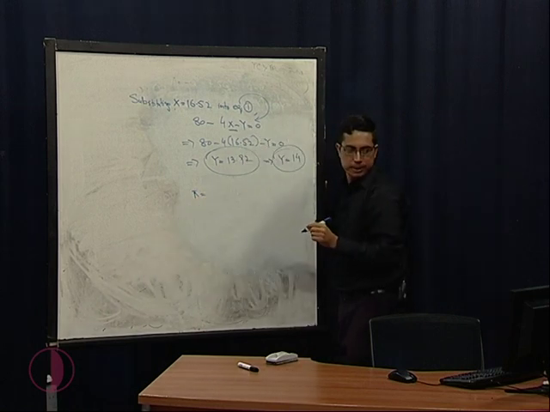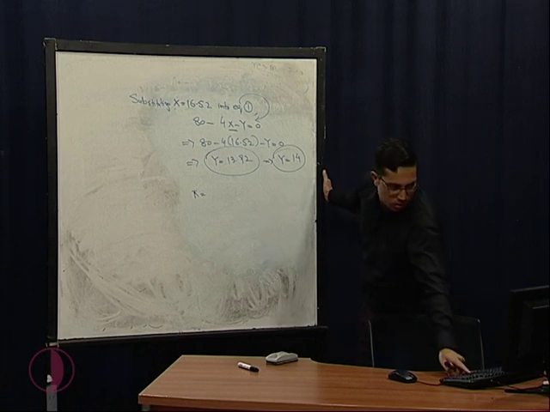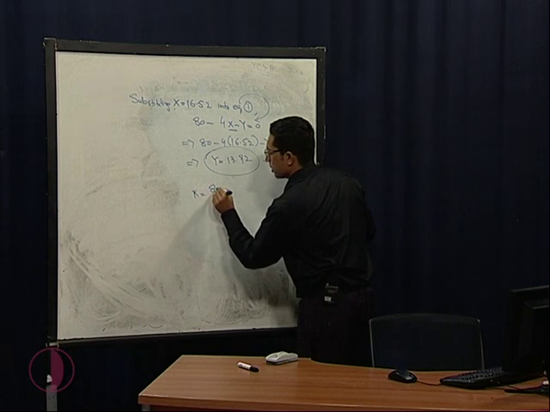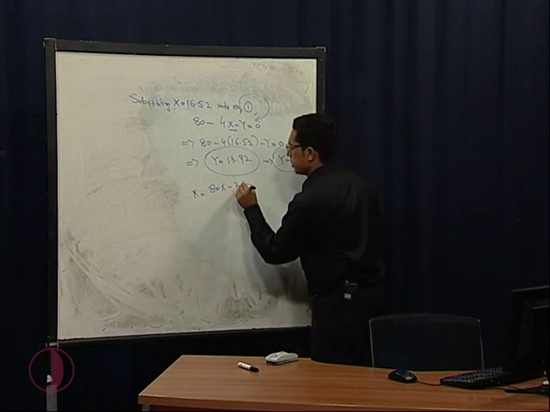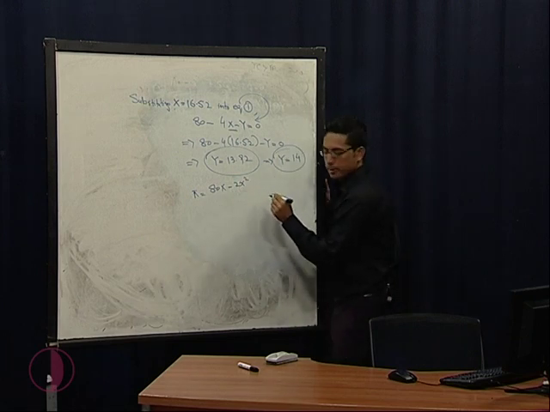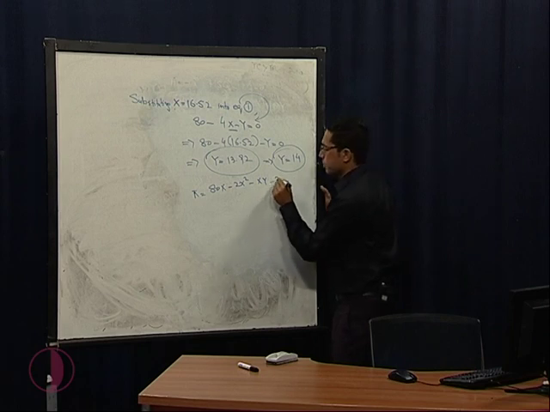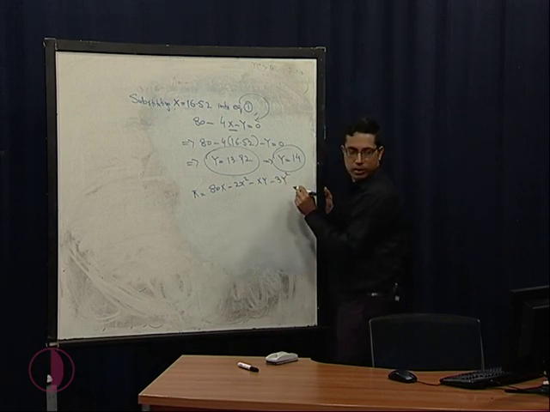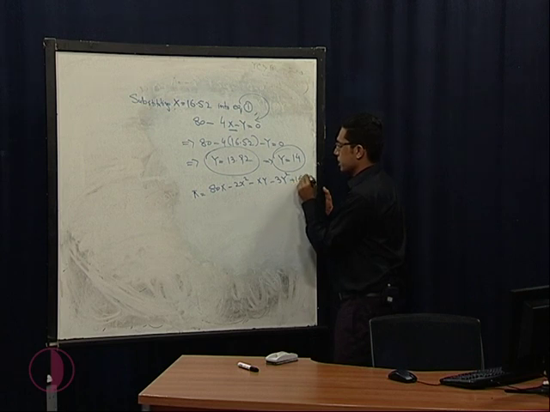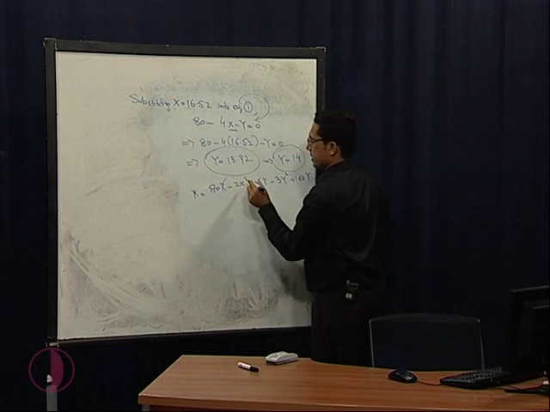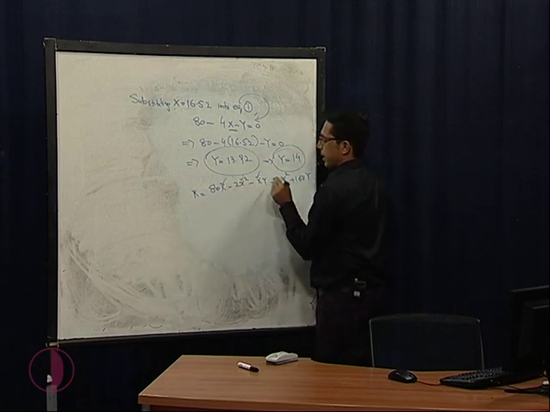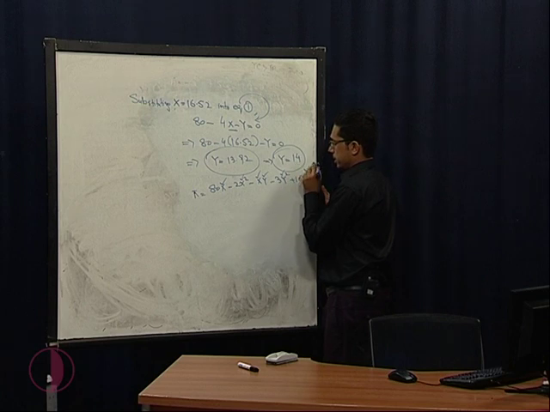Profit function was 80x minus 2x square minus xy minus 3y square plus 100y. This was the profit function. Now substitute the value of x here, here, here, and the value of y here, here, and here.